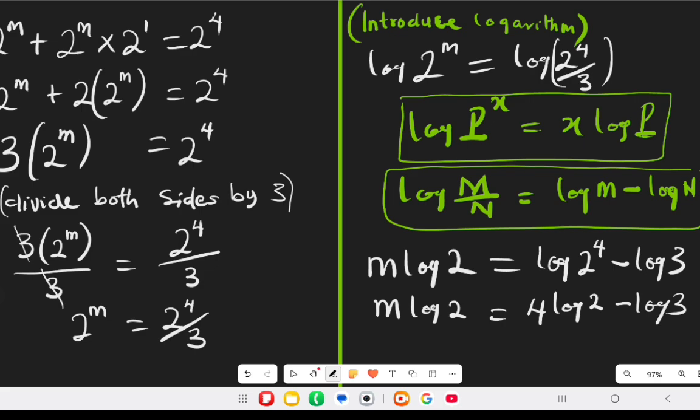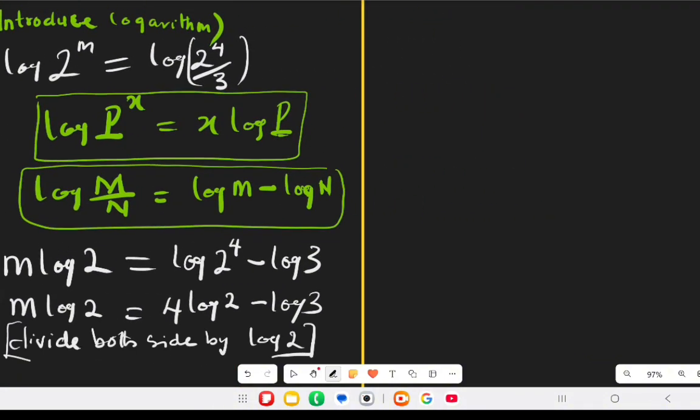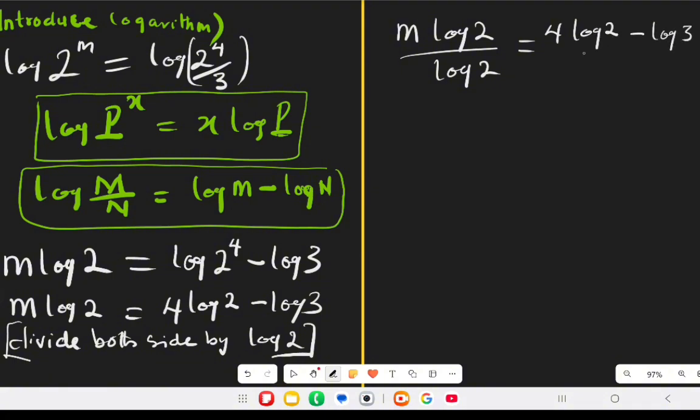Next step, we divide both sides by the coefficient of n, which is log 2. If we divide both sides by log 2, we have n log 2 all over log 2 equals 4 log 2 minus log 3 all over log of 2.